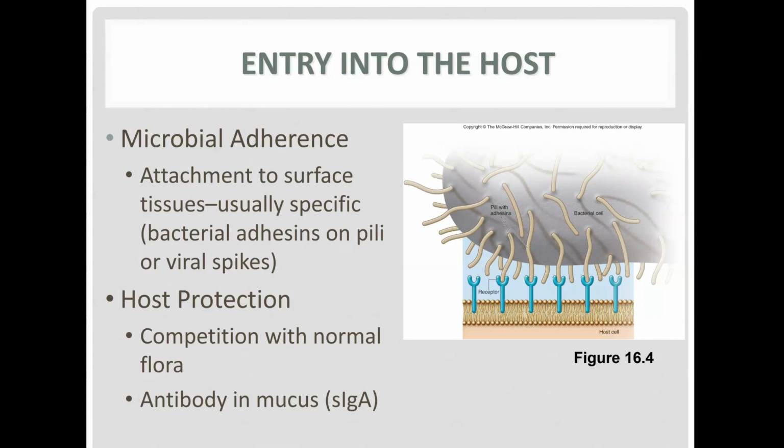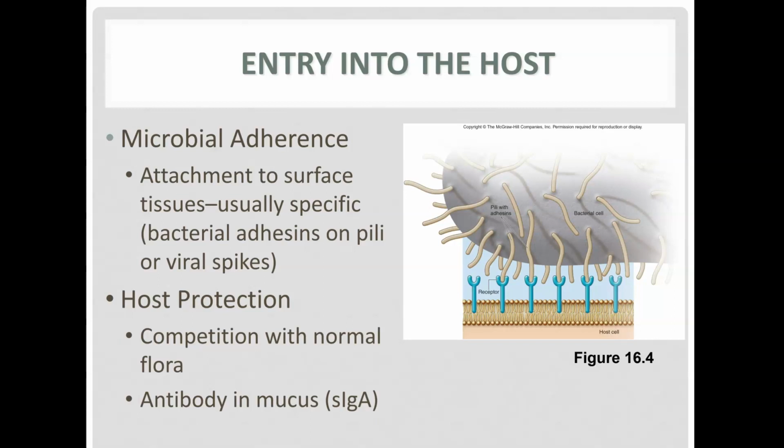And so bacteria have what are called adhesins, and they're usually on the end of their pili. Remember those pili are those little hair-like extensions on bacteria. And at the end of those pili, they have these adhesins. And what's really cool about these adhesins is that they're actually tissue specific. So I think the example that they give in the book is Neisseria gonorrhoeae has a specific adhesin that makes it uropathogenic.